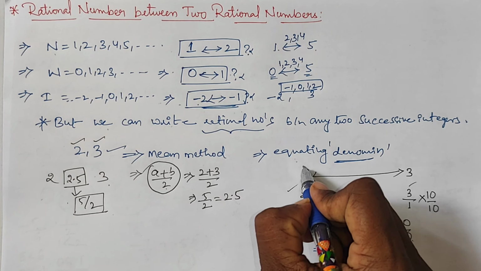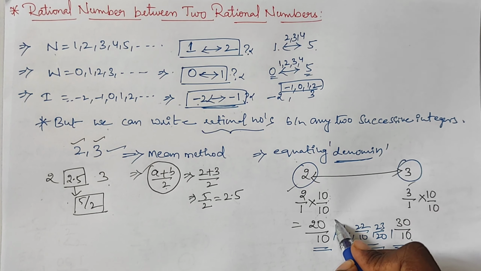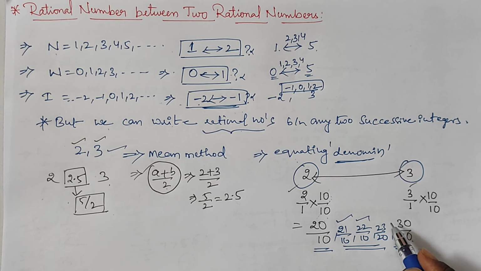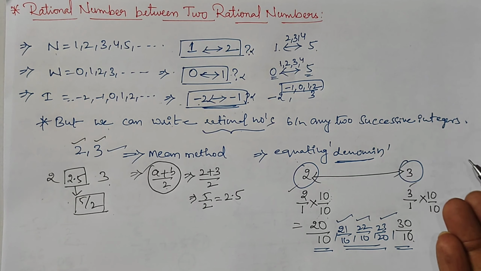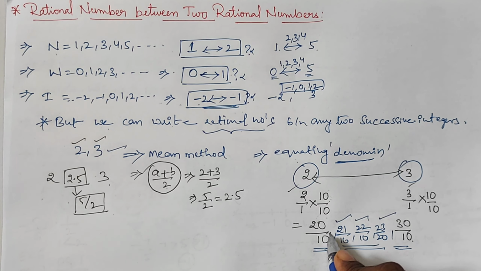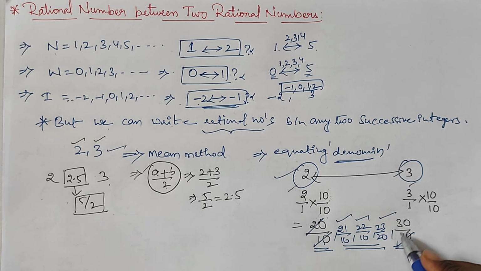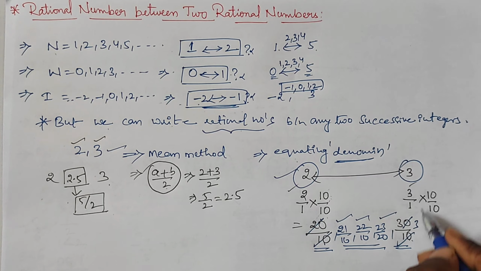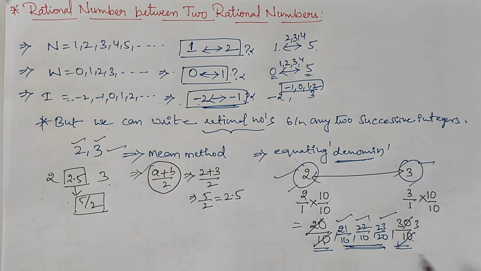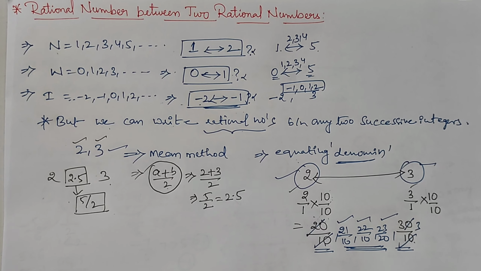That means between 2 and 3 we get these rational numbers. Actually, 20/10 means 2 only, and 30/10 means 3 only. So we can find rational numbers between two numbers by equating the denominators.